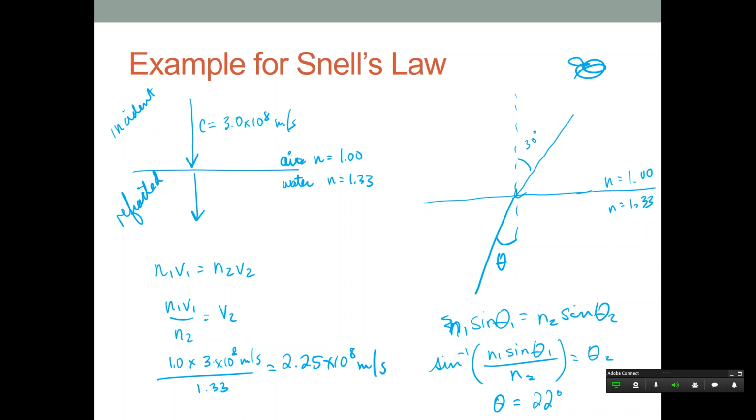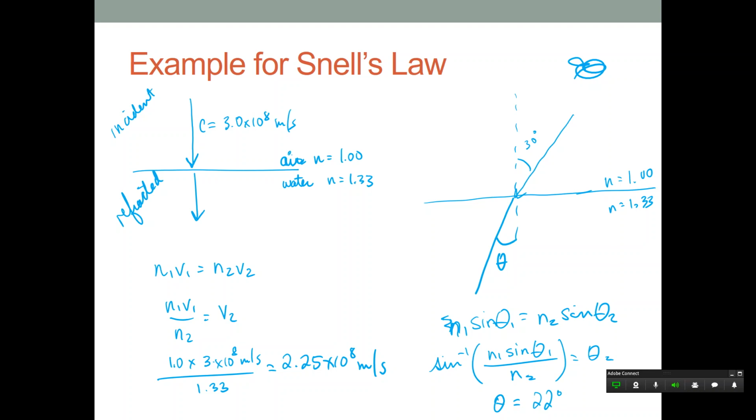30 again. So this time I did n1 sine theta 1 is equal to n2 sine theta 2. Right, and this was now the new first medium, the water, so it's going to be 1.33 sine, and the incident angle is 42 degrees because that's what we calculated.